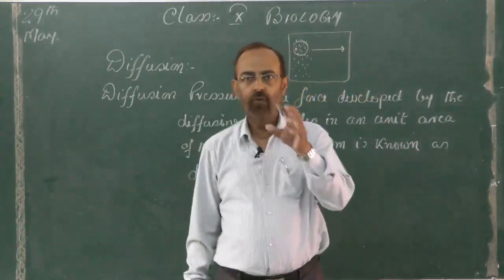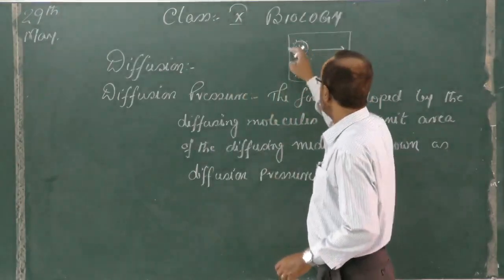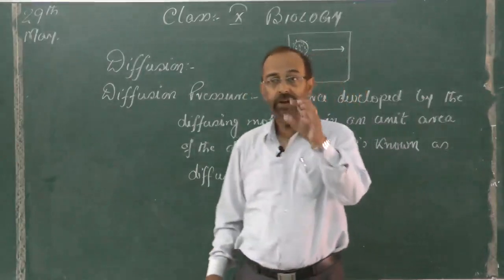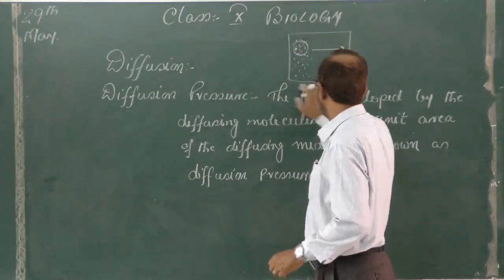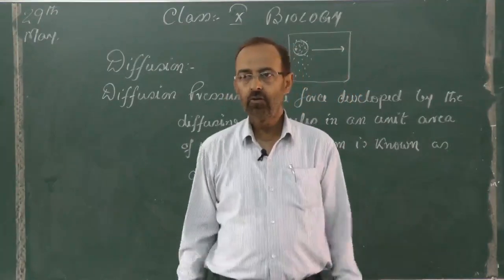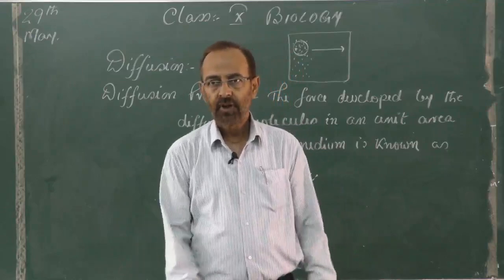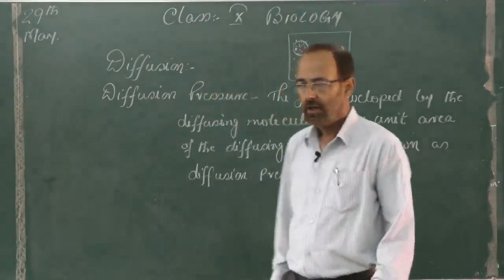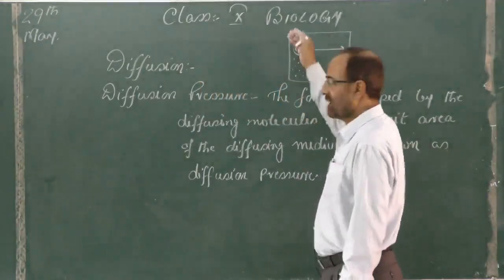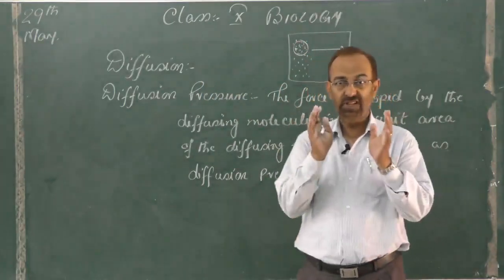So the collective force developed by all the molecules present in unit area of the diffusing medium is known as diffusion pressure. Otherwise, you know what is pressure? Force acting on unit area. Clear? Force acting on unit area. So if we consider all the molecules in the diffusing medium, that is the collective force or the thrust.